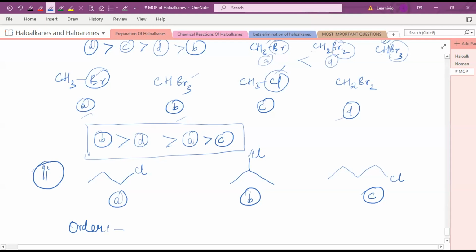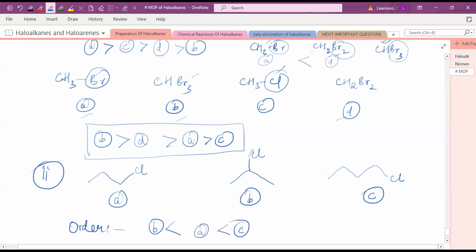Ma'am, first isopropyl chloride because it has a branched structure. It will have the minimum boiling point. And after that, chloropropane, then chlorobutane.